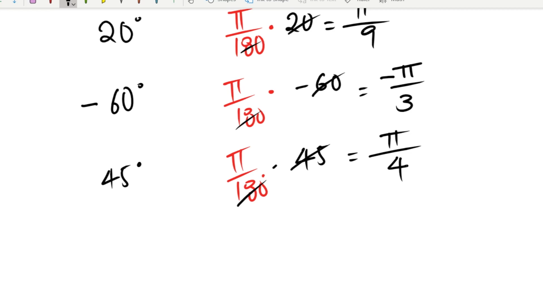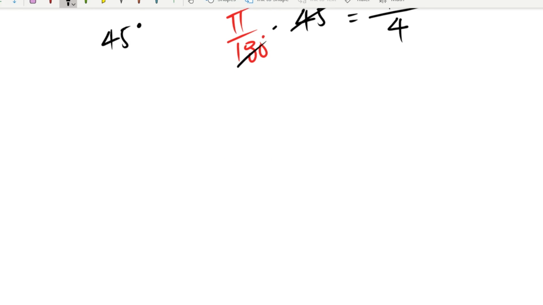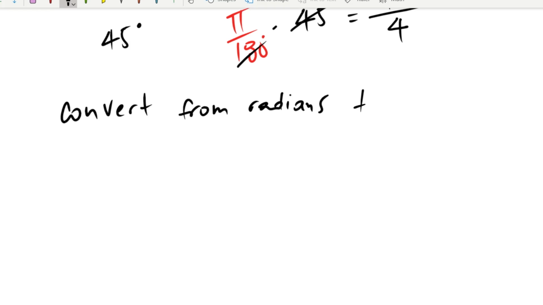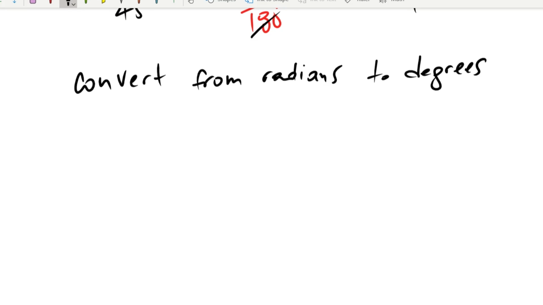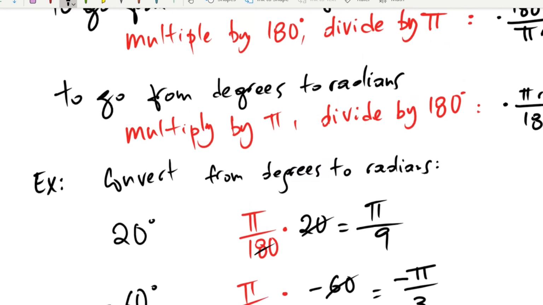Now, we could go ahead and convert from radians into degrees. Let's say we are given 3 pi. This is in radians, and we want to convert into degrees. So let's go back up here really quick.